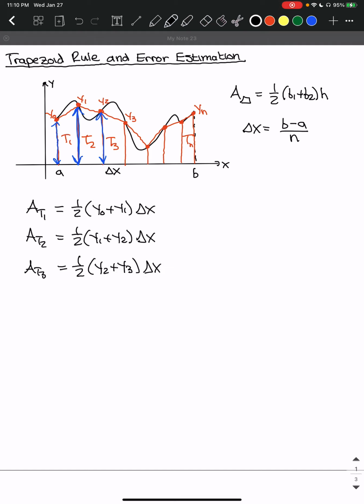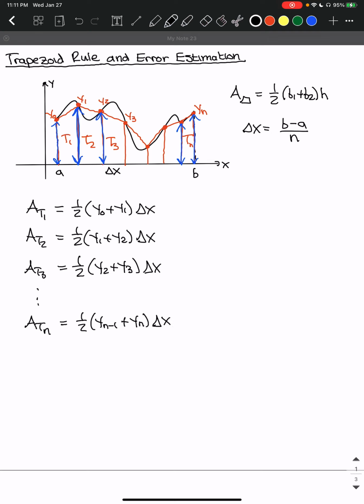If we follow this pattern, we can keep doing this all the way up to the nth trapezoid. This is 1/2 times y(n-1), the second to last base, plus yn as my final base, and again, delta x.